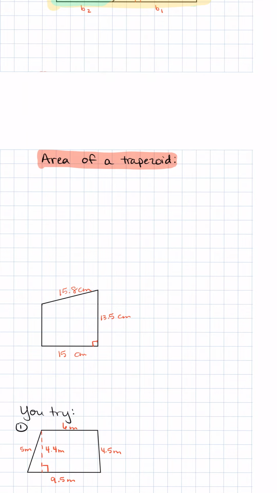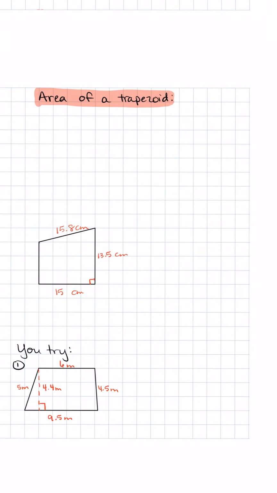So let's go ahead and try this out. Our equation, let's remember, is going to be 1/2 times base 1 plus base 2 times the height. Okay, so here we have base 1 is actually missing.